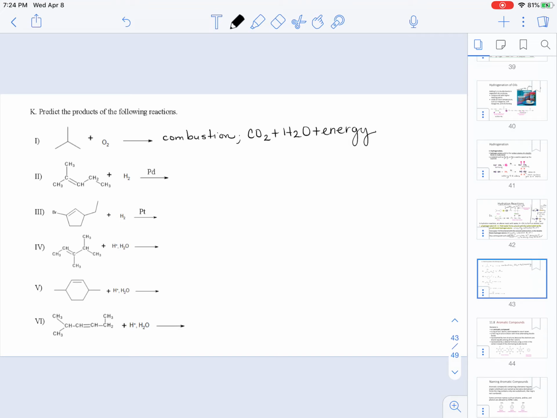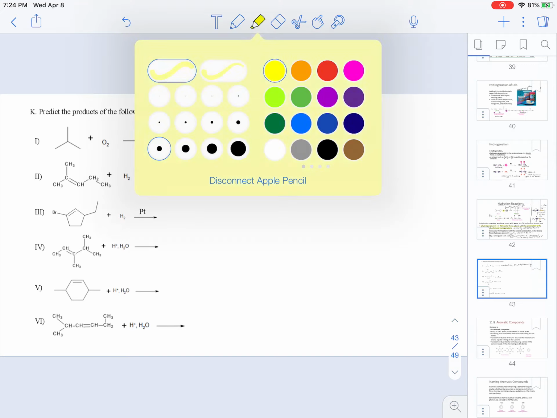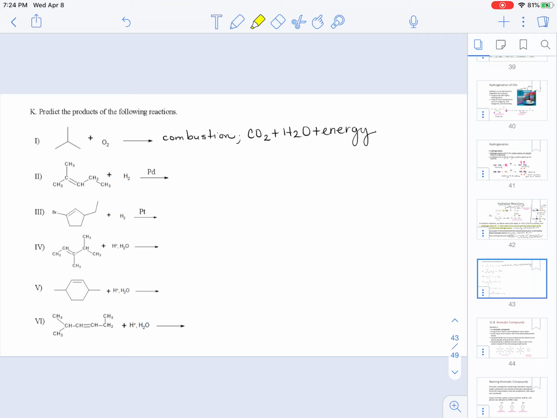Reaction number 2 and reaction number 3, as you can see, I'm just going to highlight the reagents in yellow, contain H2 and a catalyst. In the case of Roman numeral 2, we have palladium. In Roman numeral 3, we have hydrogen, and we have as a catalyst platinum.